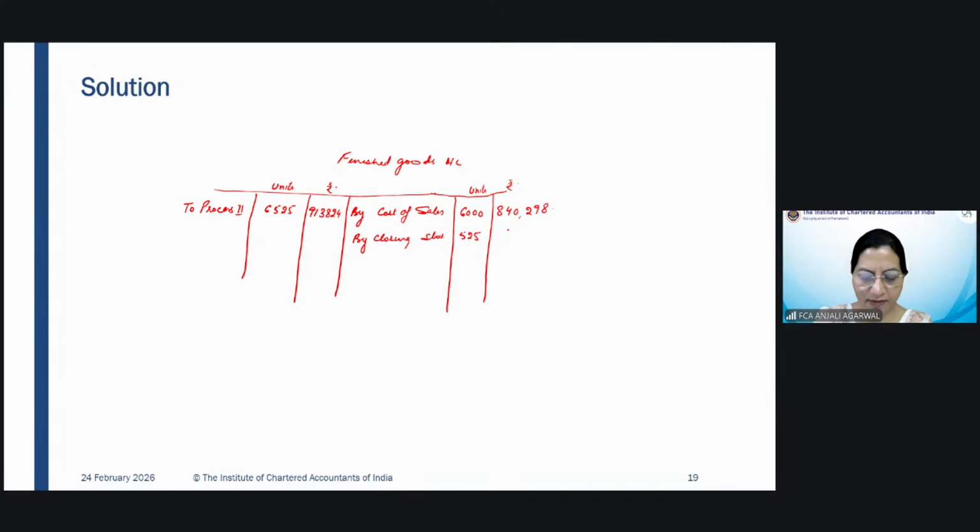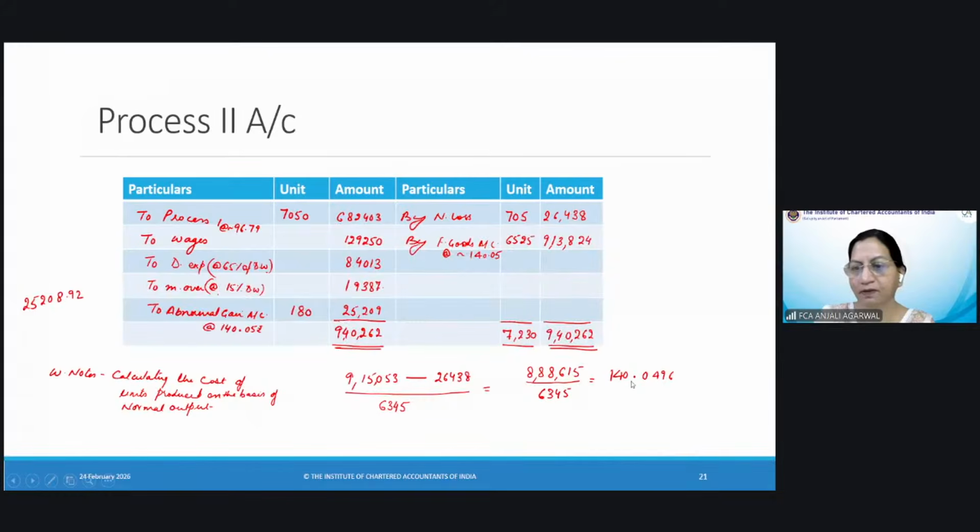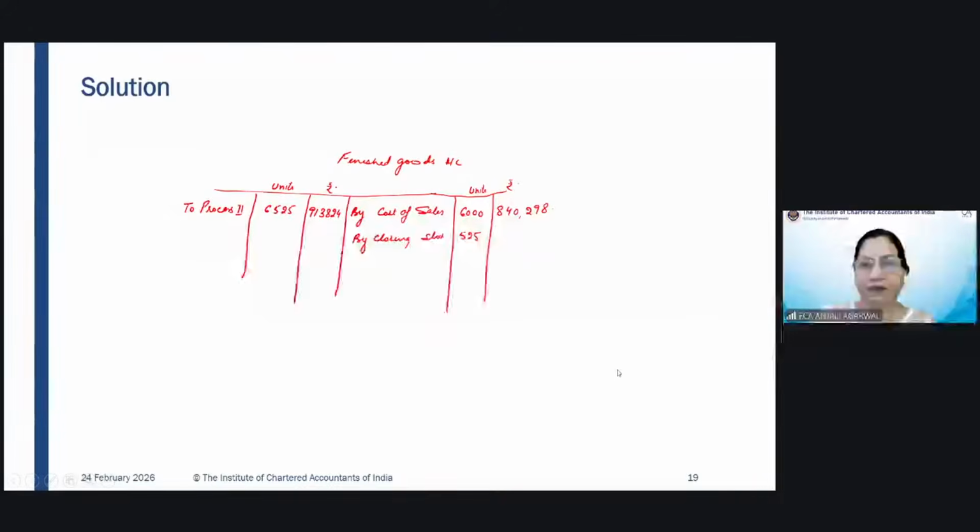This will again be at the rate of same 140.0496. Okay. But once again, you will ensure that it matches exactly. So this comes out to be 73526.04.